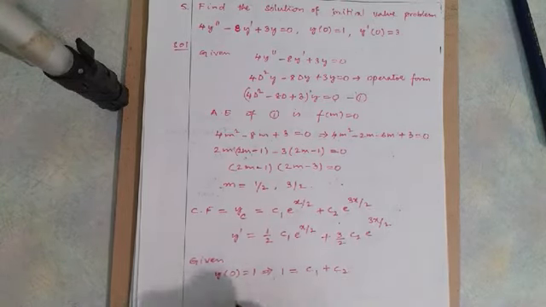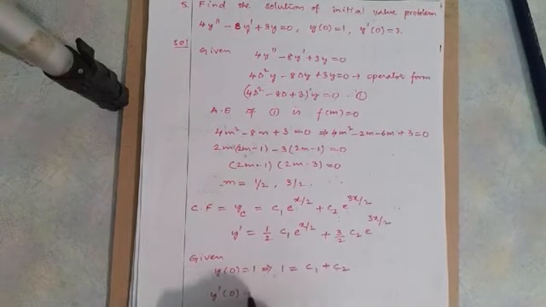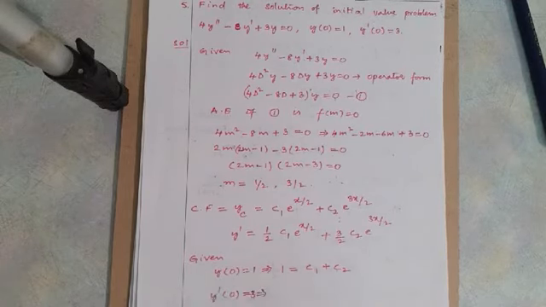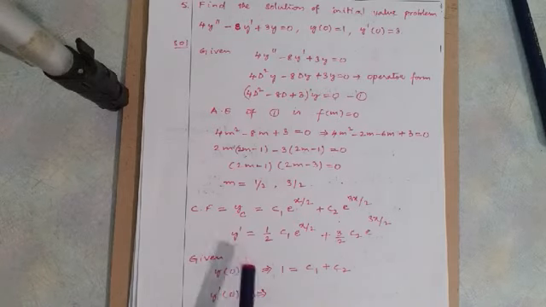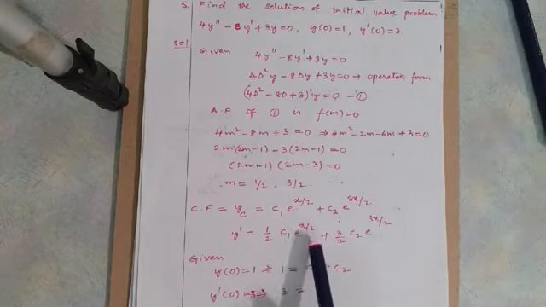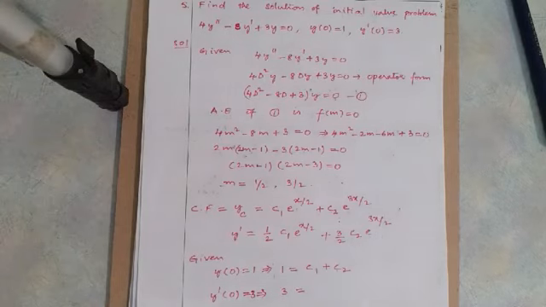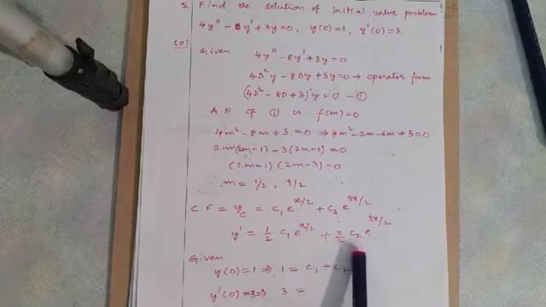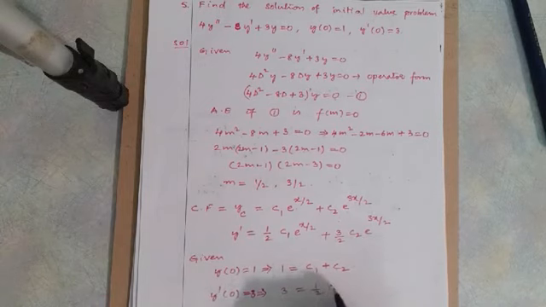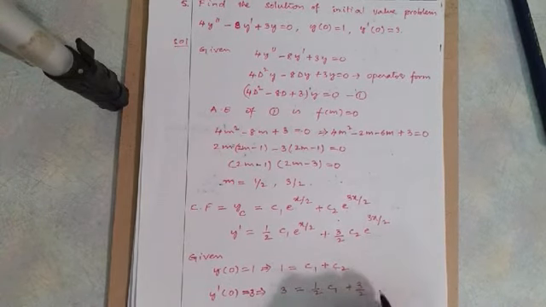Then in the same way, y'(0) = 3 is given as the initial condition. Now you substitute y'(0) = 3, so we write here 3 = (1/2) c1 e^0 + (3/2) c2 e^0. So you get (1/2) c1 + (3/2) c2 = 3.